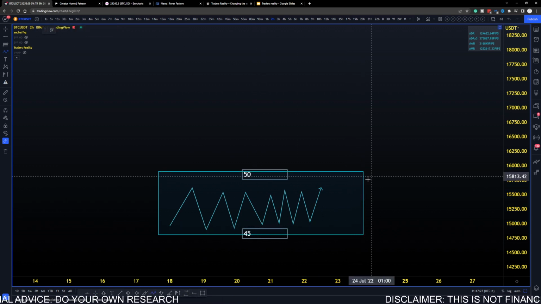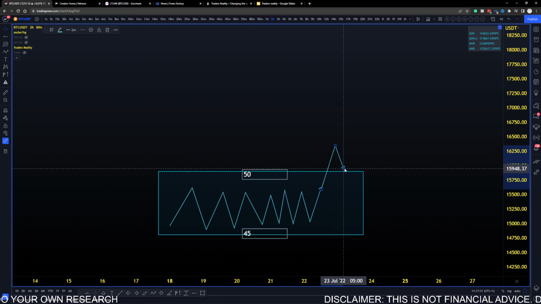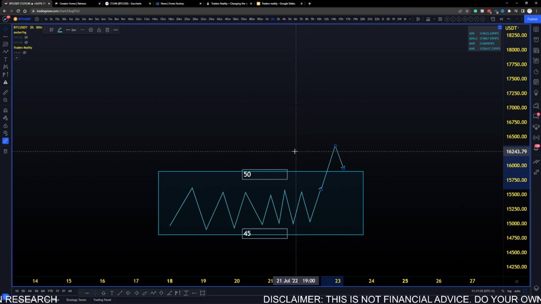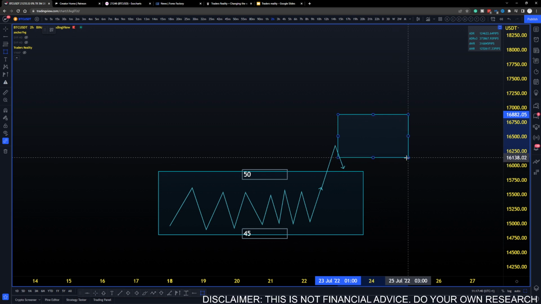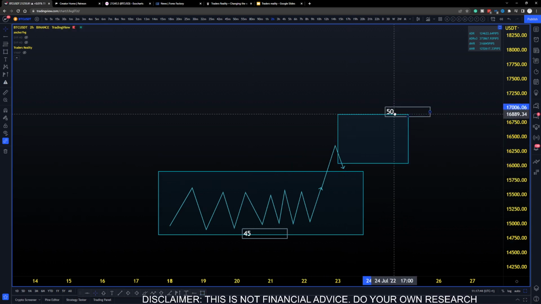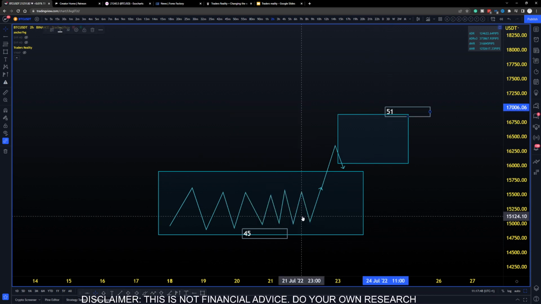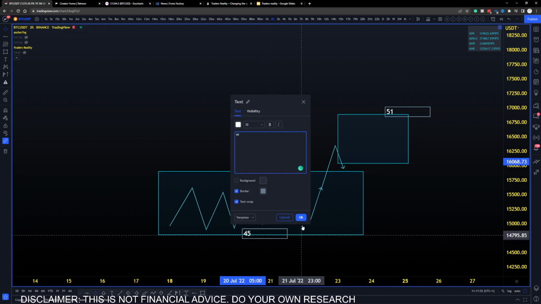Whenever he saw that price started to trade away from the box or the zone, okay, he would make his trades on that principle. All right. And then when price would consolidate yet again, he would have another box where he would see at this point, we would have 51, for example. And then we would have down here 49. Okay.